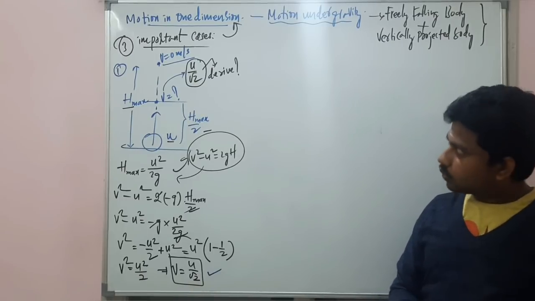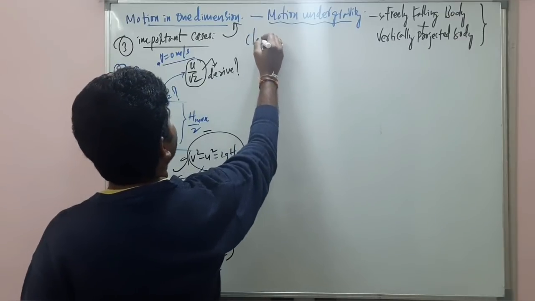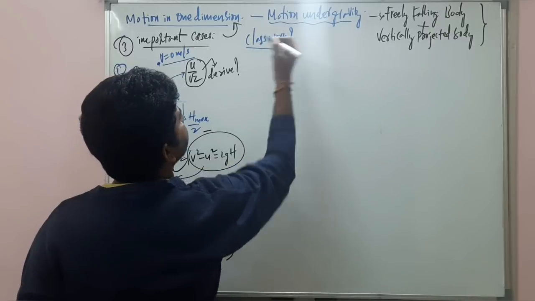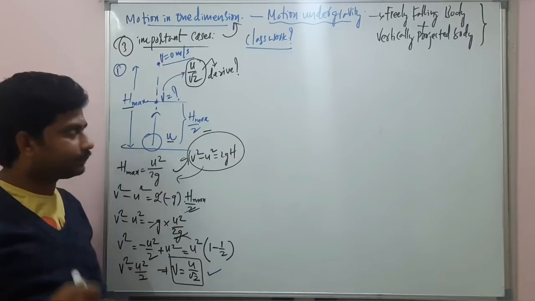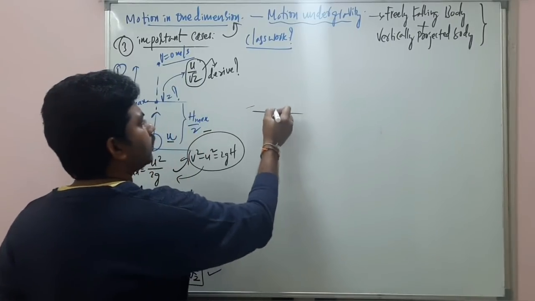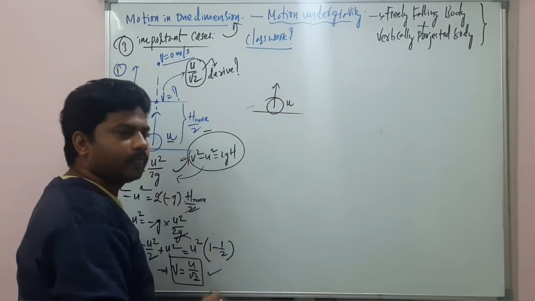Alright. Now, there's a class work I'm going to give you. Right now, you need to send me the derivation of what I'm going to ask you now. Same here. It's a ground. A body is thrown up with some initial velocity u.